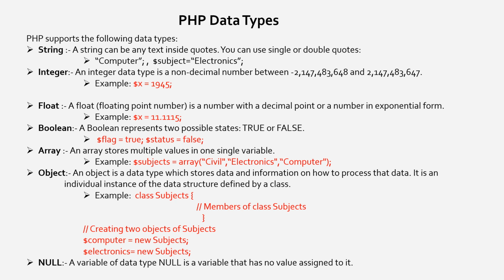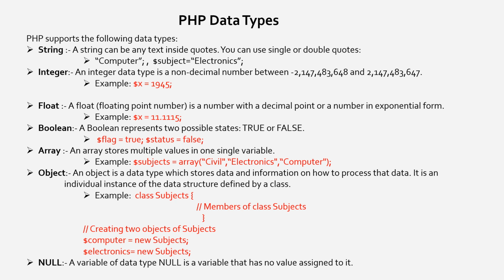That is very important. Then $subject equals electronics means straight away the string is assigned to the variable. But we haven't declared that this is of type string. That is not needed in PHP. Straight away what you assign, accordingly it will be considered.